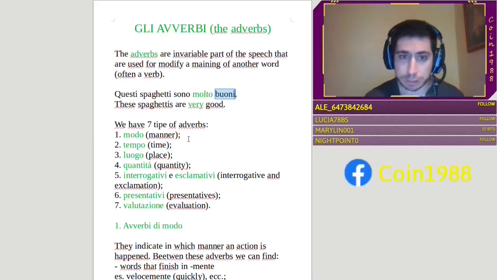We have in Italian seven types of adverbs.